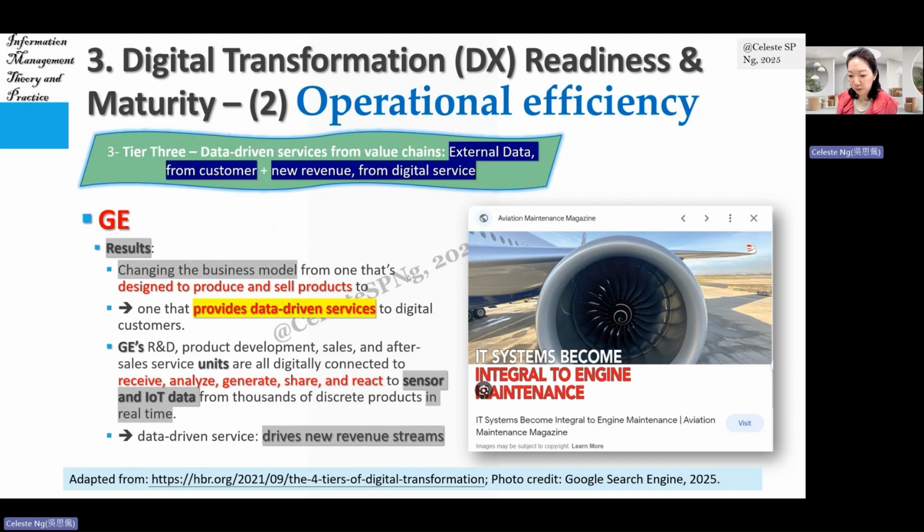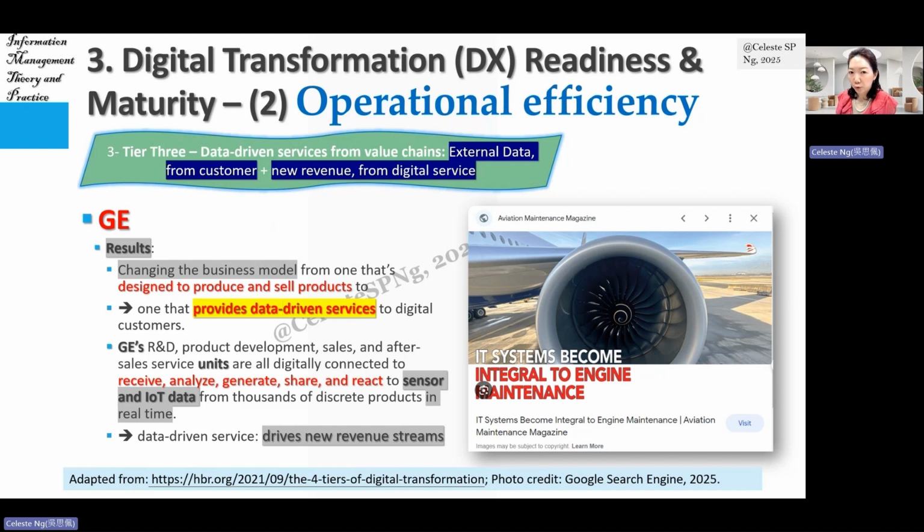And this is a kind of product as a service, right? A new type of business model. And GE, following its transformation, GE's R&D, product development, sales, and after-sales service units are able to be integrated digitally in order to receive, analyze, generate, share, and react to sensor and IoT data.